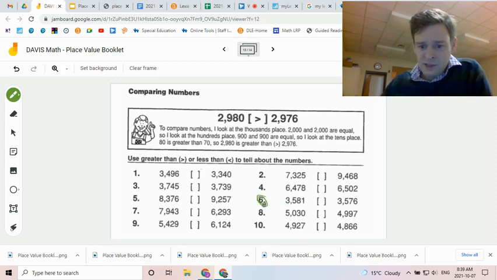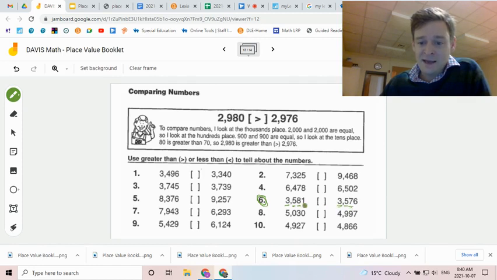So when I look at the numbers in number 6, I see we have 3,000 and 3,000. So that's equal. They both have 3,000. And then I go to the next most valuable digit, which is the hundreds column, and they both have a 5 in that column. So 500 and 500. So now let's go to the next most valuable column, which is the tens column. And you see a difference here.